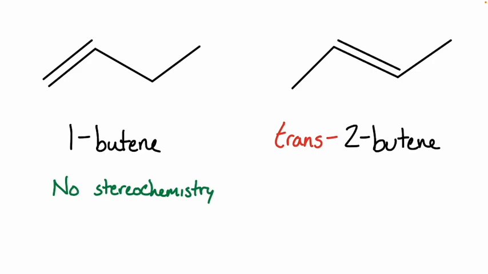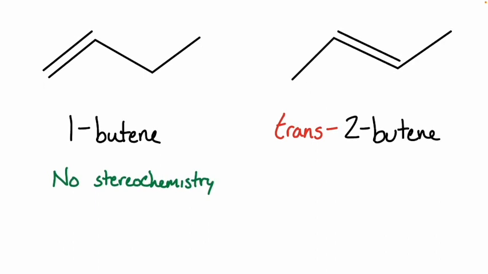All right, and so how can I spy an alkene that does not have stereochemistry? One of those two carbons about that double bond is going to be bound to identical groups, right? So the fact that that carbon on the end is bound to two of the same things, two hydrogens, means that there is no stereochemistry associated with it.